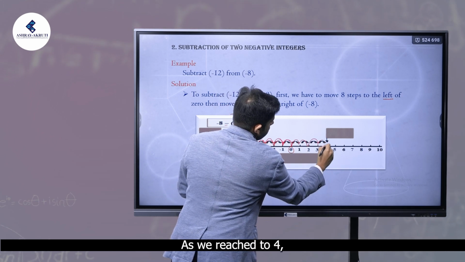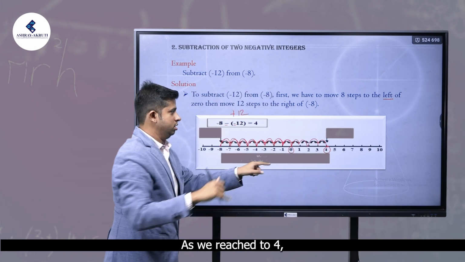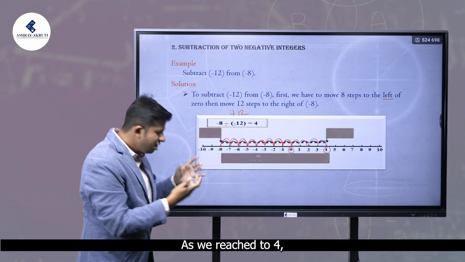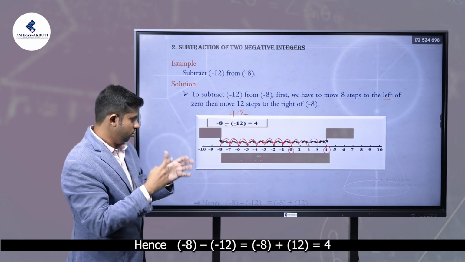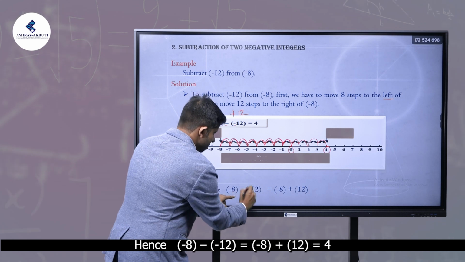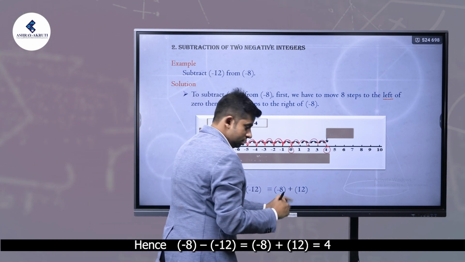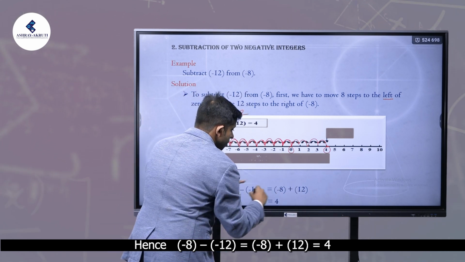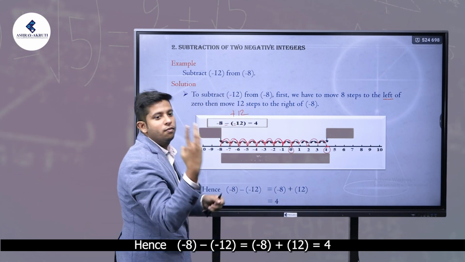As we reach 4, hence minus 8 minus of minus 12 is equal to minus 8 plus 12, which is equal to 4.